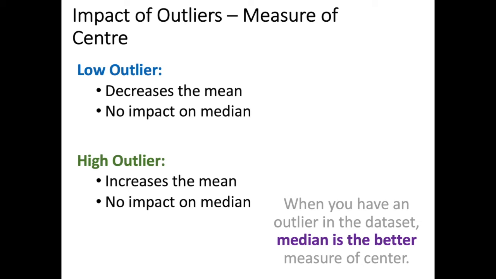If I've got a high outlier, it is going to increase the mean, making the average higher, but it's going to have no impact on the median. So when we've got outliers, our mean or average is impacted, but there's no significant impact on the median. When we have an outlier in the data set, the median is going to be the better measure of center. You can still calculate the mean, but the most accurate measure of center to use when you have an outlier is the median.